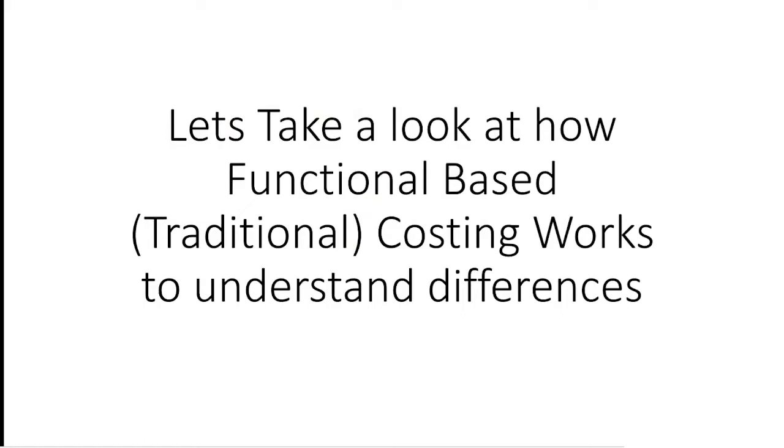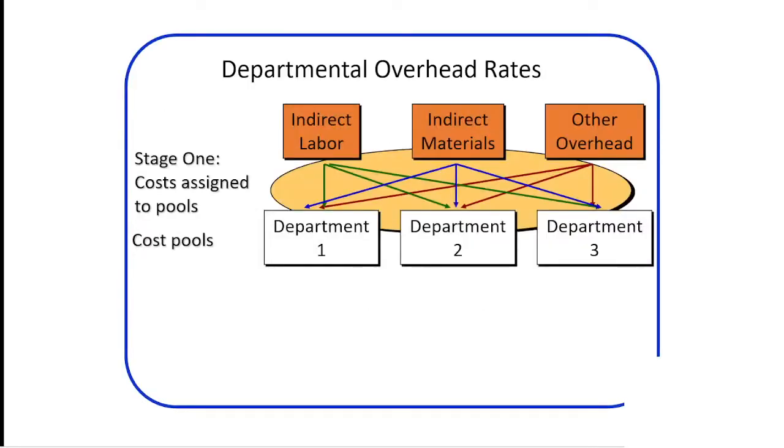So now let's look at the functional based traditional costing method to understand the differences, right? In the traditional method, departmental overhead rates are allocated based on various stages.